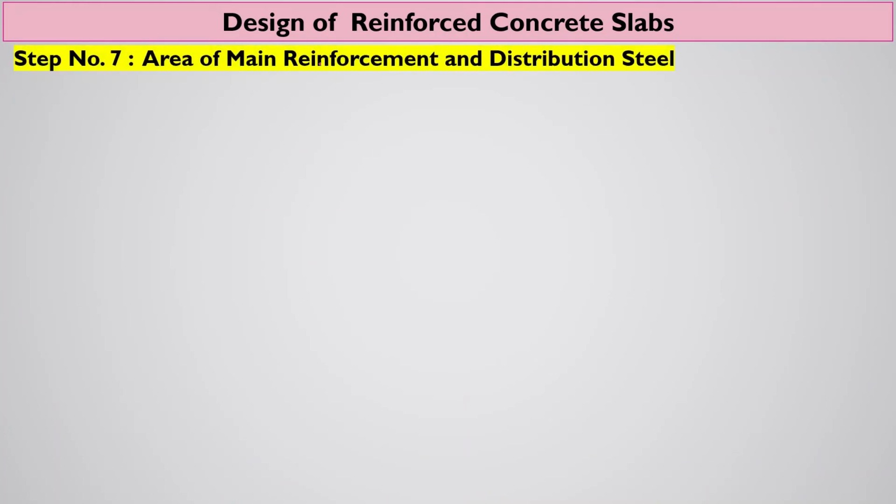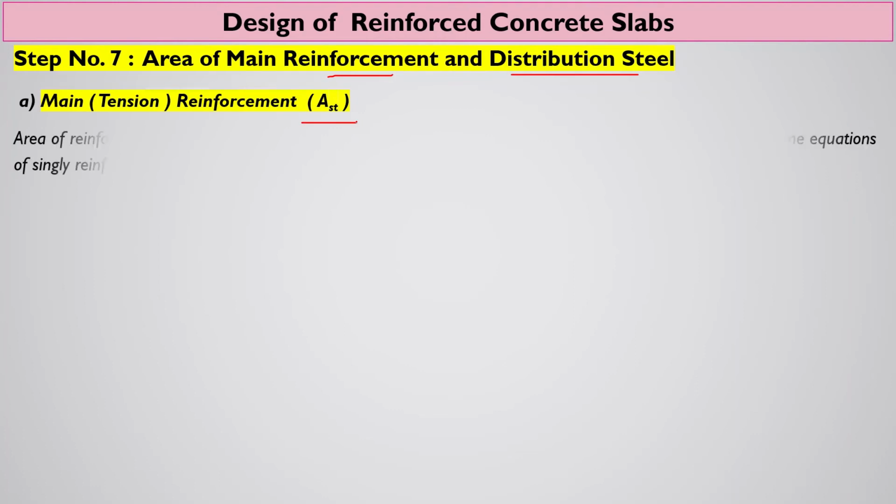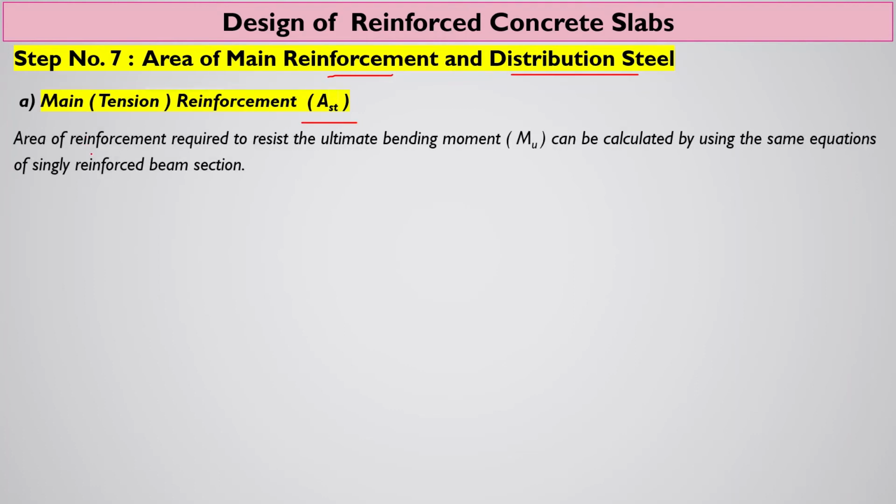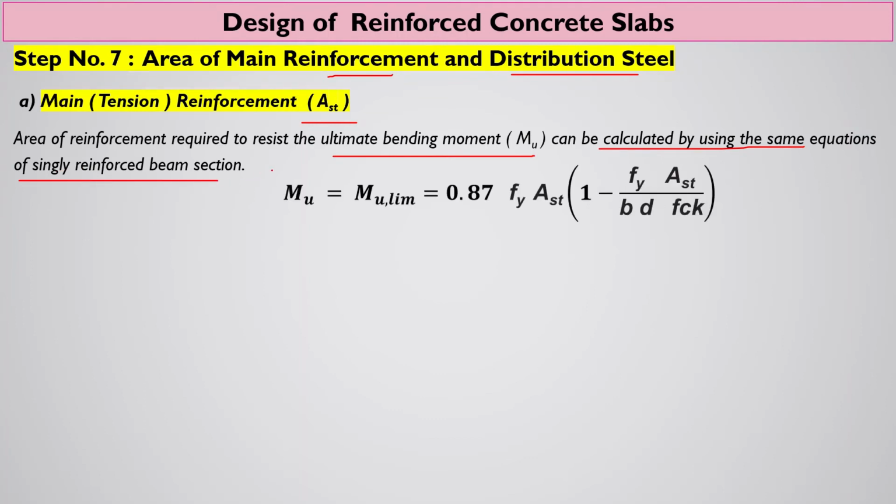Now step number 7, what should be the area of main reinforcement and distribution steel? So main steel, which we are calling tension steel, that is Ast. How to calculate? The area of reinforcement which is required to resist the ultimate bending moment can be calculated by using the same equation of a singly reinforced section. So Mu you can get this formula from Annex G of IS 456.